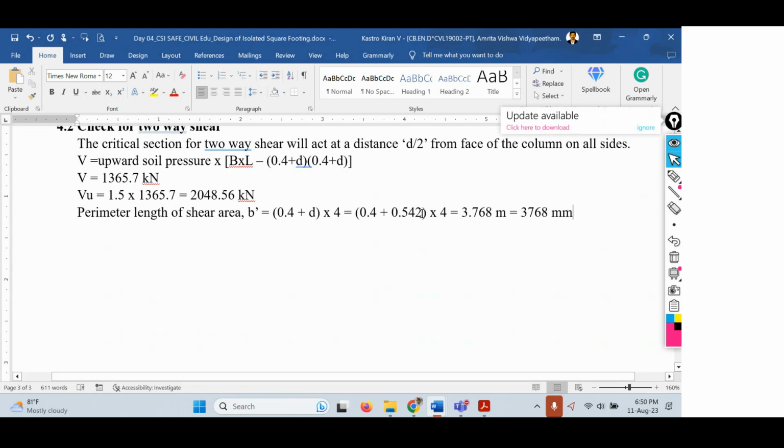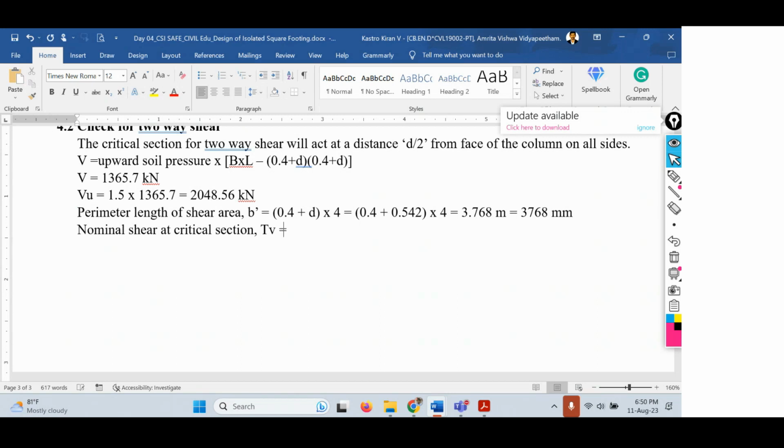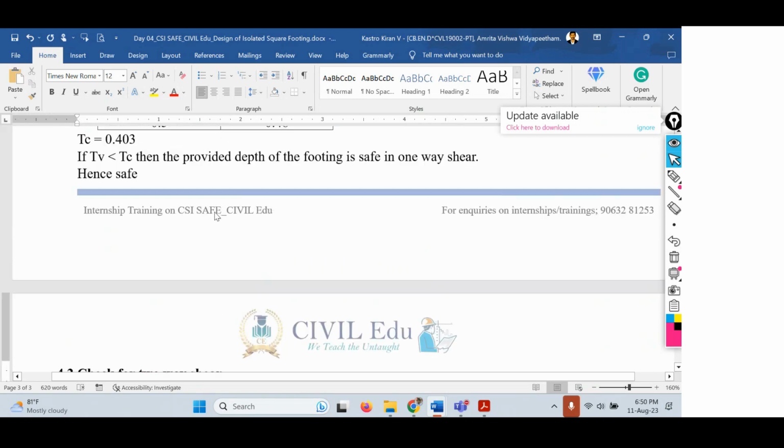From this, we can calculate the nominal shear at critical section. How to calculate it? Tau V equals Vu divided by, instead of B, B dash into D. Same formula: tau V equals Vu by BD in one-way shear.